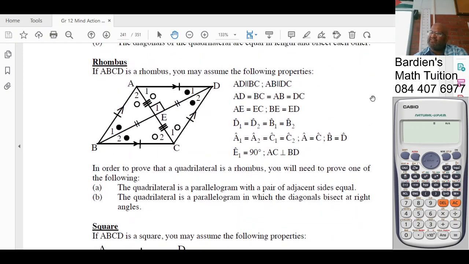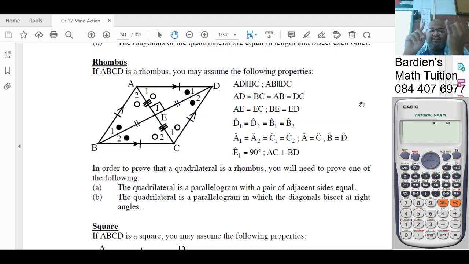A rhombus has 5 properties. Opposite sides are equal. No, all sides are equal. Opposite sides are parallel. Diagonals bisect each other. Diagonals bisect each other at 90 degrees. Diagonals bisect the vertex angle. Okay? There's only 3 shapes where the diagonals are perpendicular.